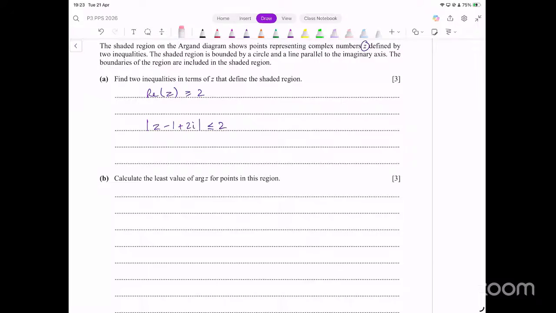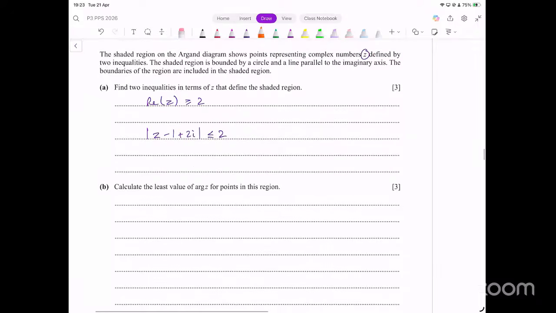Real part of z greater than 2, will that be wrong? They explicitly mention that the boundaries of the region are included in the shaded region. So that would not be completely correct if you do not put the equal to sign with the inequality. However, sometimes they allow this as well.